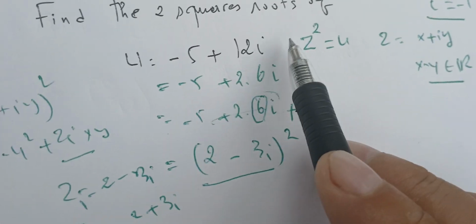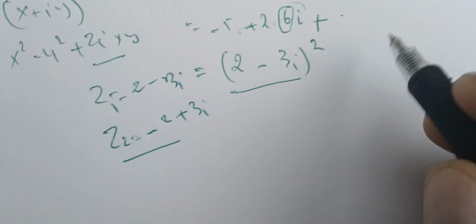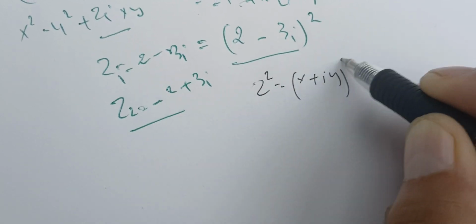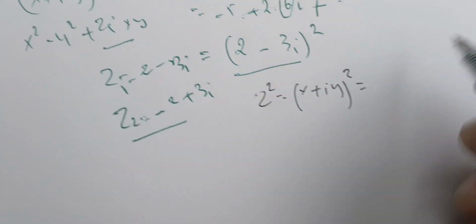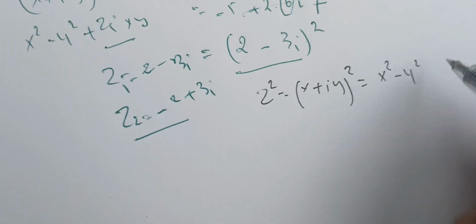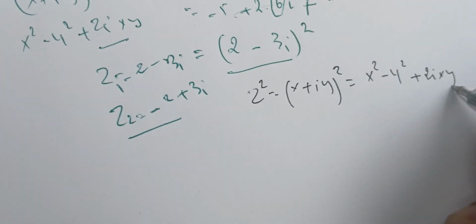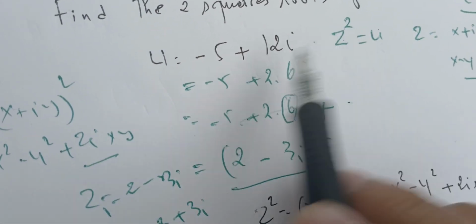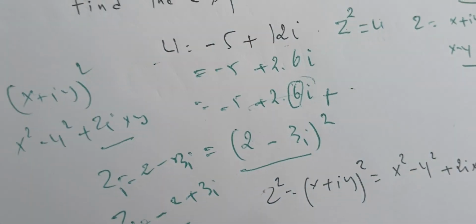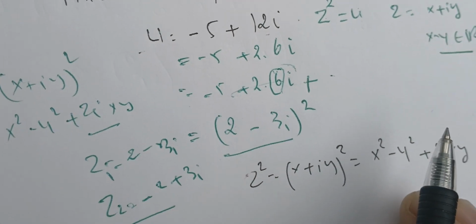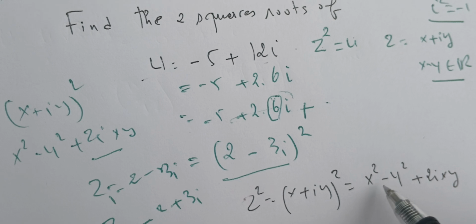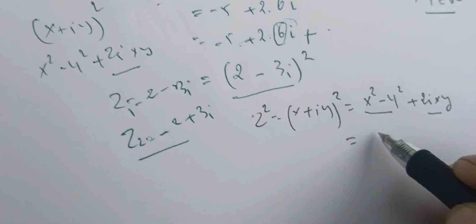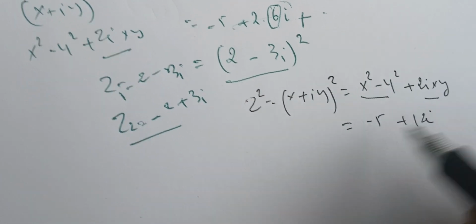So here we have z. If we square z, z squared is x plus iy squared. Using the algebra, we get x squared minus y squared plus 2ixy. We want to find z such that z squared is u, so this is equal to minus 5 plus 12i.